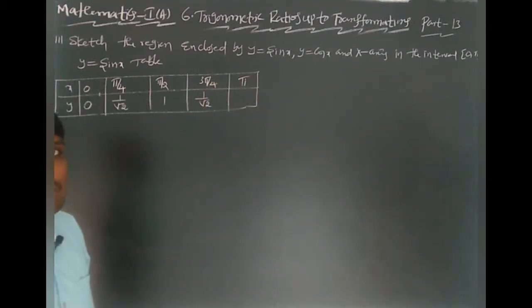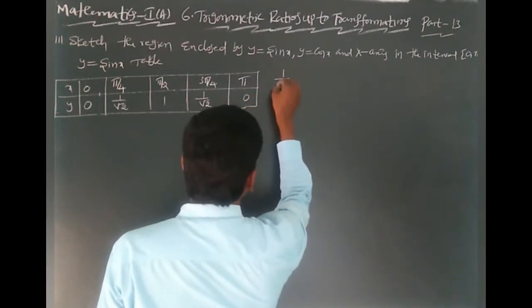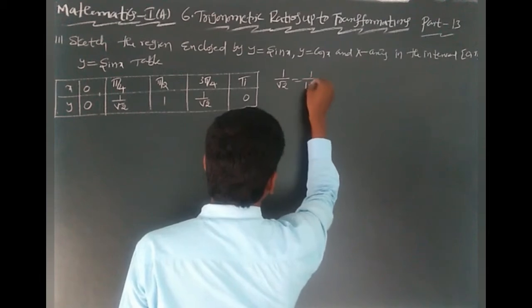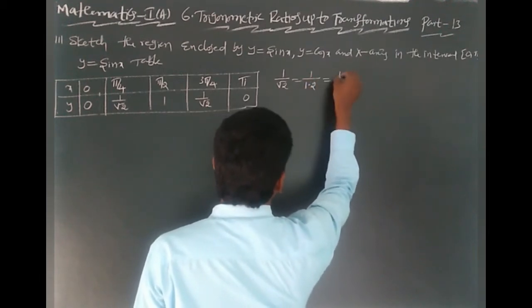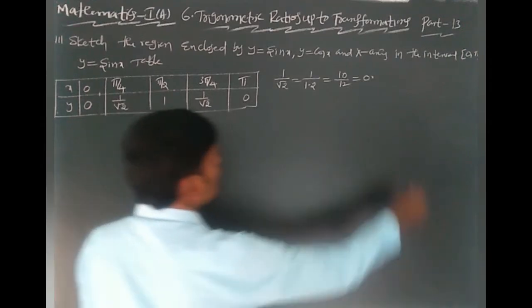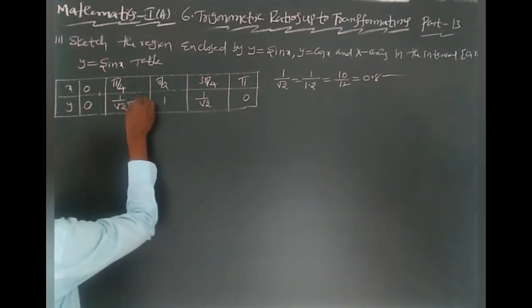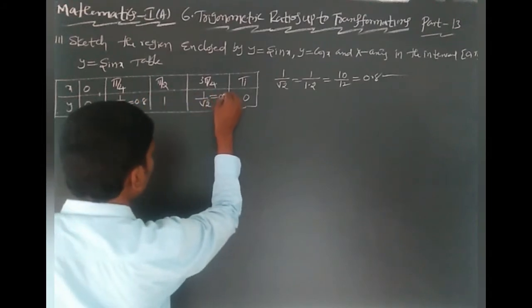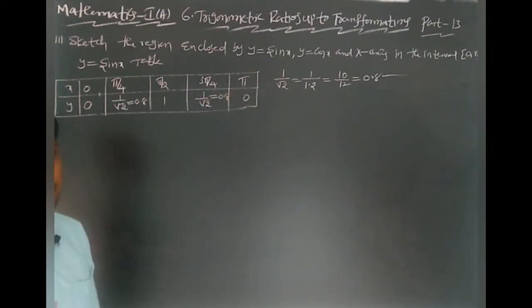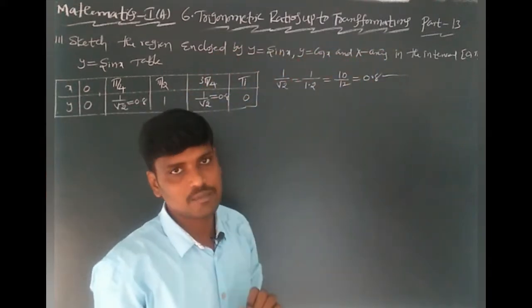Next, sin pi value is 0. Here 1 by root 2 is approximately 0.7, and here also 1 by root 2 is about 0.7. You can write 1 by root 2 in decimal form.